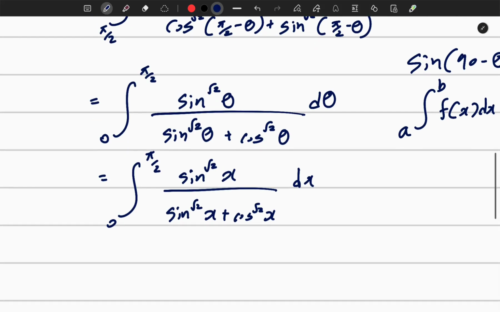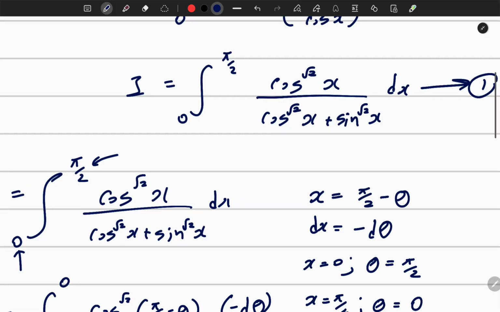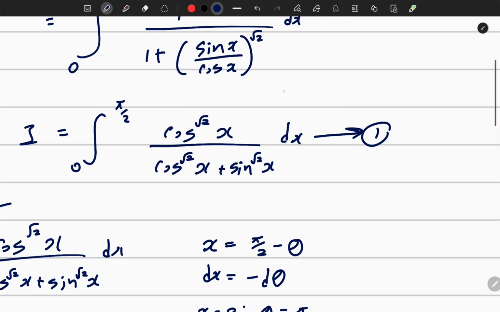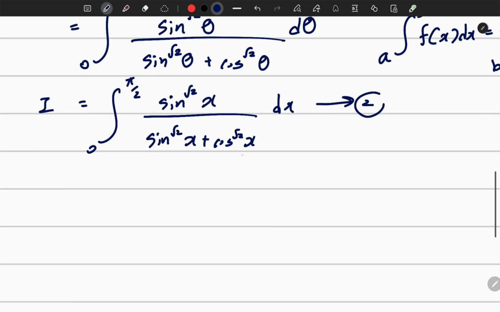So this is my second equation. Now I have two equations: this is my first equation and this is my second equation.